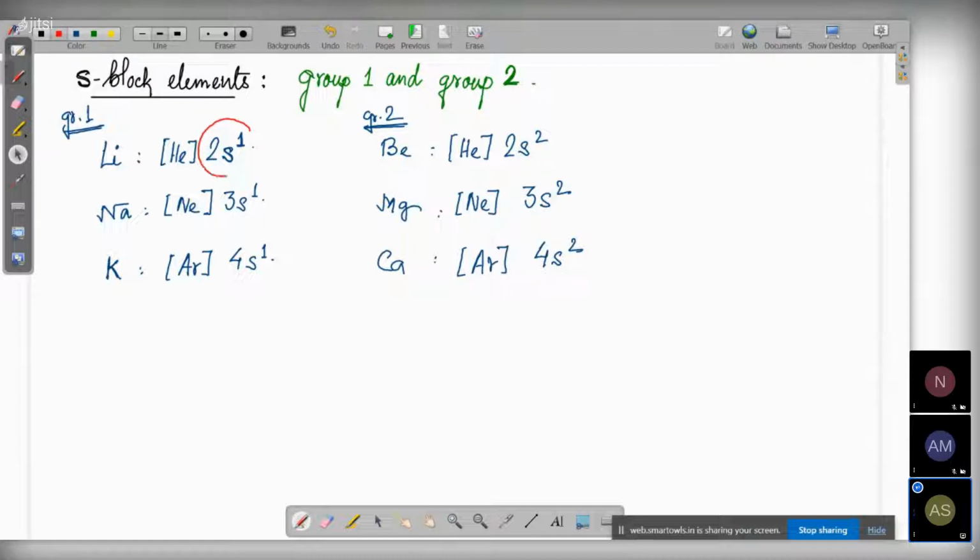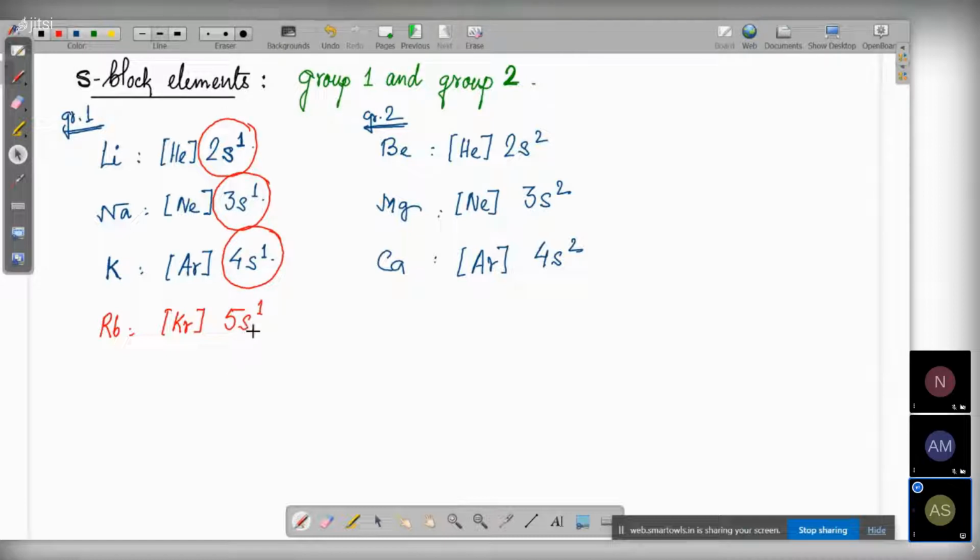The last electron has entered the s orbital. Even if I write rubidium, it will be krypton 5s1. So the configuration looks similar down the group.